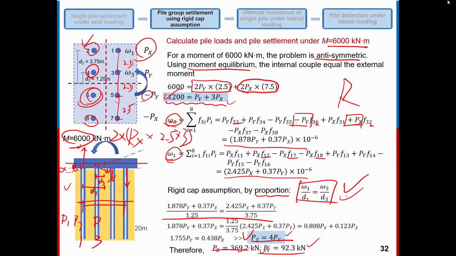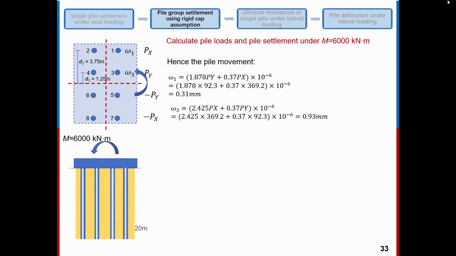Px and Py values we already know, so we just put the values back into the expressions of omega 1 and omega 3. We can calculate it here. These two actually are wrong.